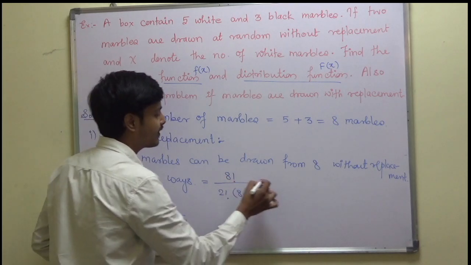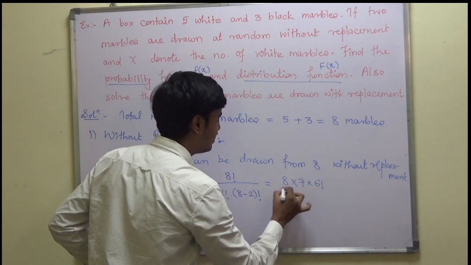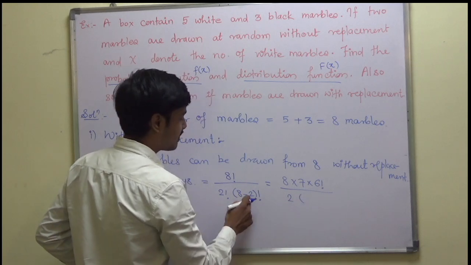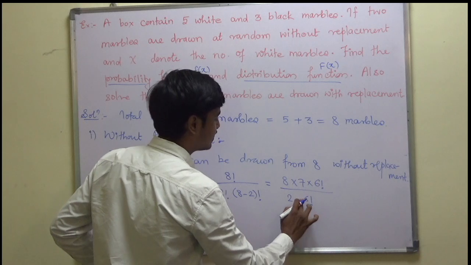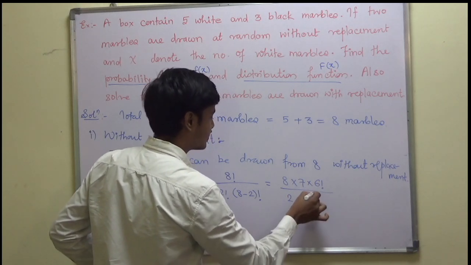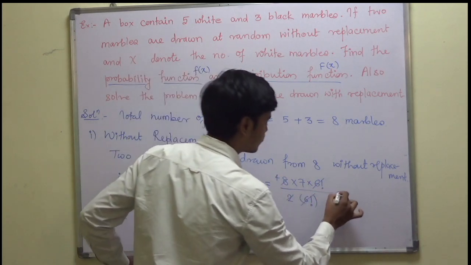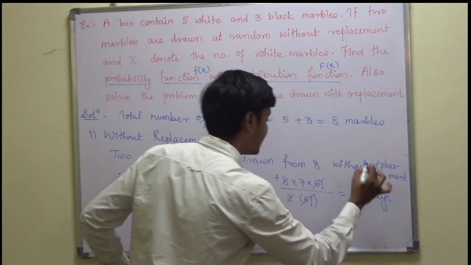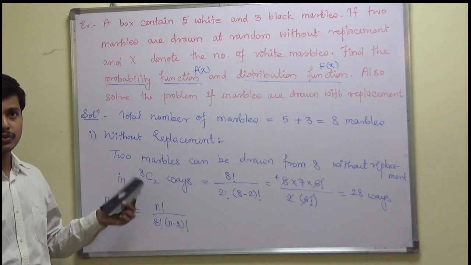I am writing 8 factorial as 8 into 7 into 6 factorial, and 2 factorial into 6 factorial in the denominator. 6 factorial cancels, 2 ones are 2, 2 fours are 8... so 4 sevens are 28 ways. So in 28 ways you can choose 2 marbles out of 8.